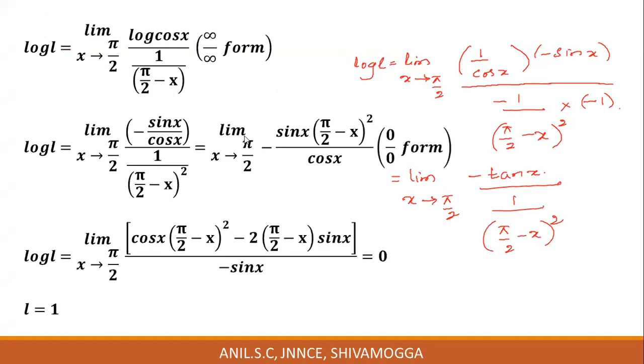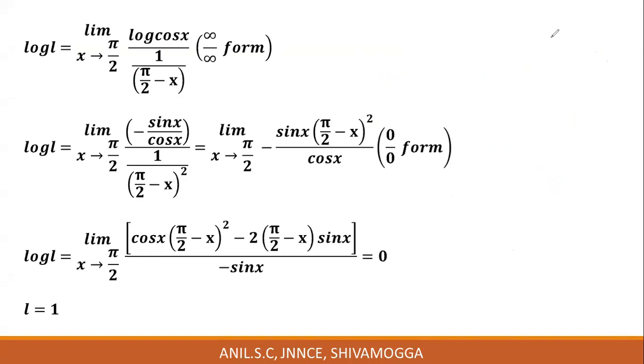That's what I have written here. Minus sin x by cos x is minus tan x. You transfer pi by 2 minus x whole square to the denominator. Divided by tan x means minus sin x divided by cos x, into pi by 2 minus x whole square. Apply limits and simplify. You do that.